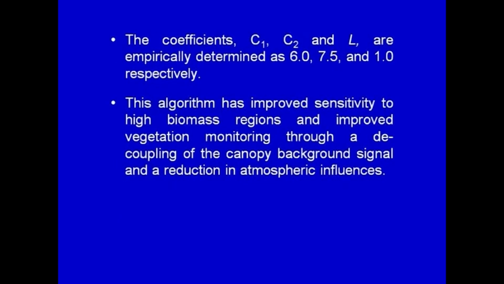The coefficients C1, C2 and L are empirically determined to be 6.0, 7.5 and 1.0 respectively. This algorithm has improved sensitivity to high biomass regions and improved vegetation monitoring through a decoupling of the canopy background signal and a reduction in the atmospheric influences.